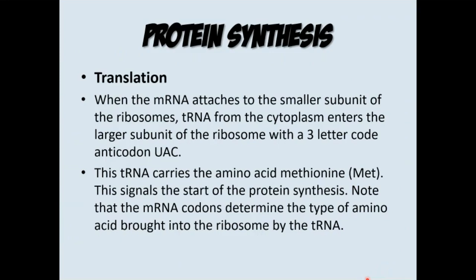So this tRNA carries the amino acid methionine or MET. Kung makikita natin dun sa references dun sa genetic code natin or sa mga codons, this signals the start of the protein synthesis.